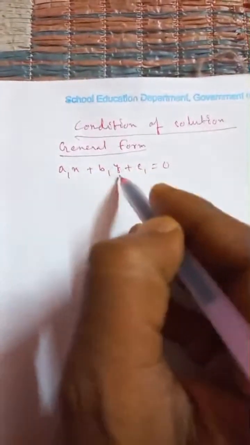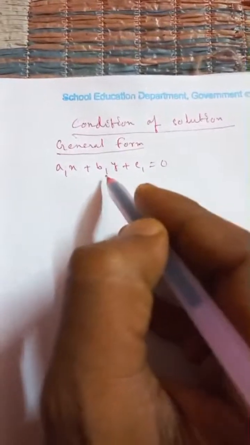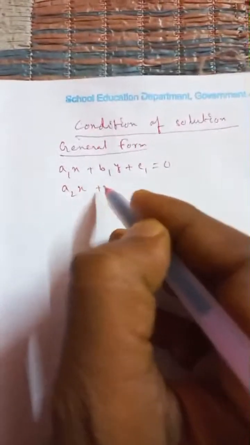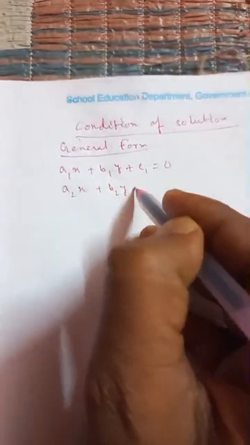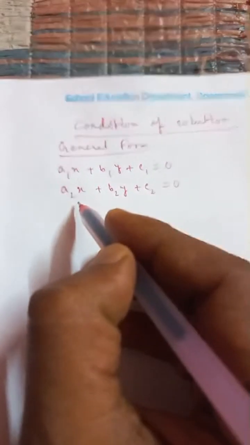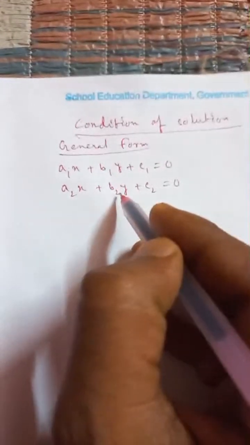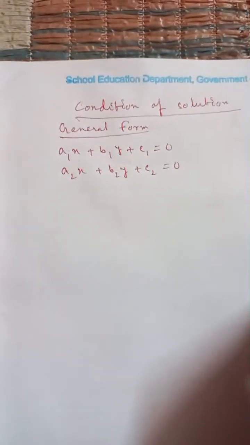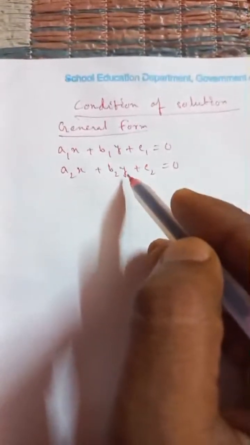So there are two variables of first degree, and the second equation we will also take as a2x plus b2y plus c2. This is also an equation of two variables of first degree. So how can we solve this? What are the conditions required?